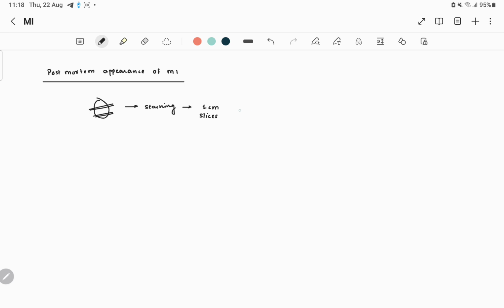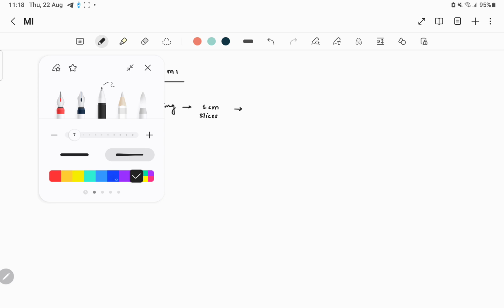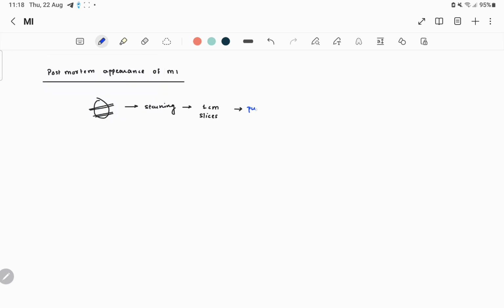Okay, cut into 1 cm slices and put in triphenyl tetrazolium chloride, that TTC. So it stains red in color like this. So basically this red dye becomes pale if there is extracellular LDH, and LDH is a marker of myocardial infarction.